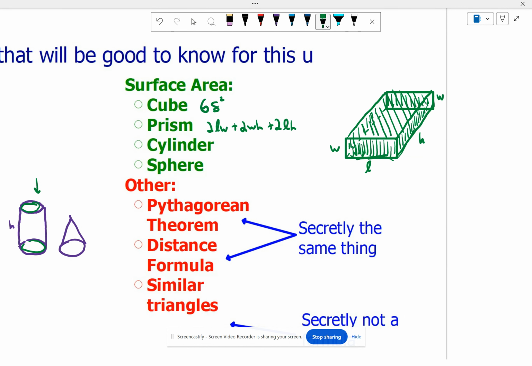So there are 2 circles, so 2 pi r squareds. And then you have the walls, and the area of the walls of a cylinder is 2 pi r h. We can talk about why that is later in class. And the surface area of a sphere, a sphere by the way being like a ball, is 4 pi r squared.